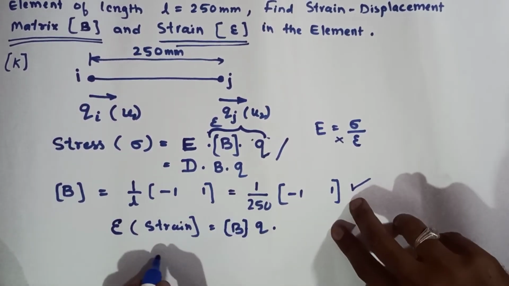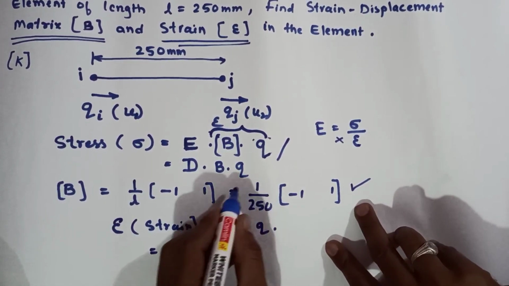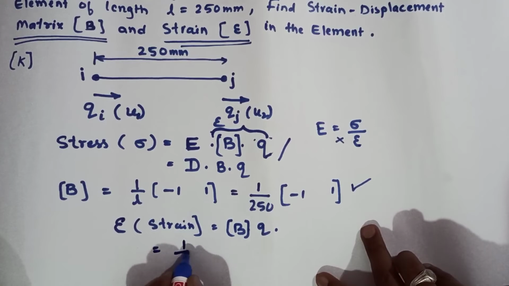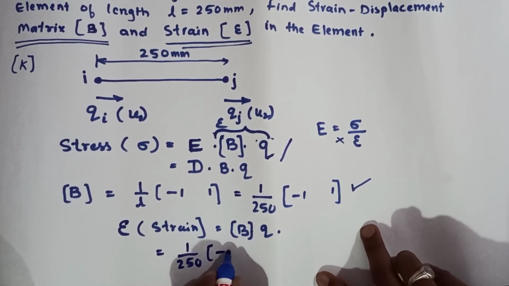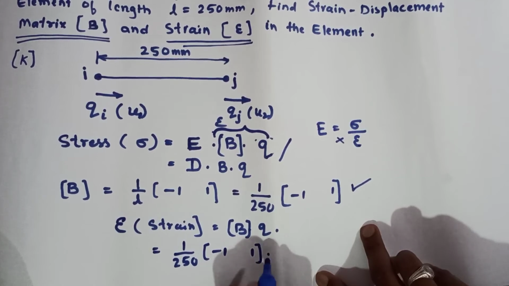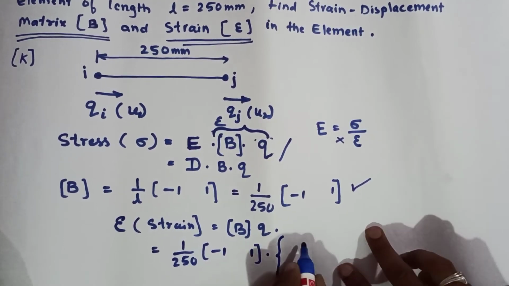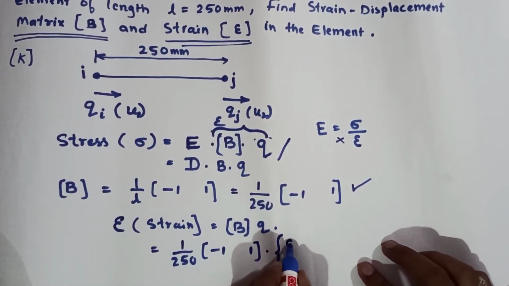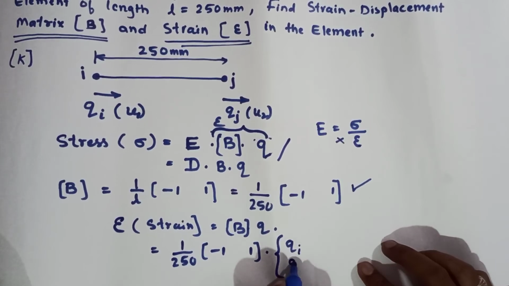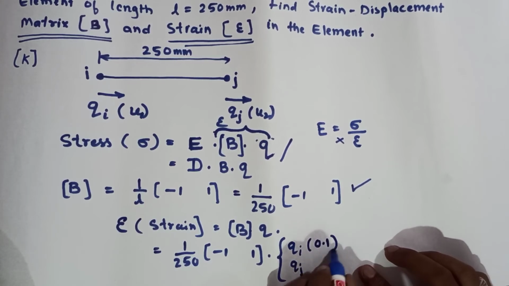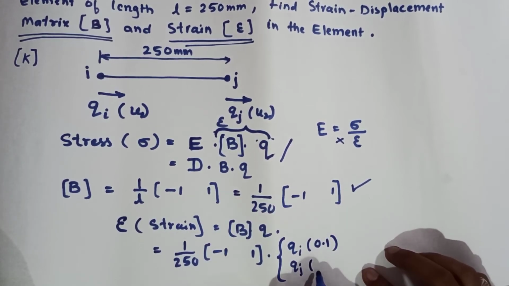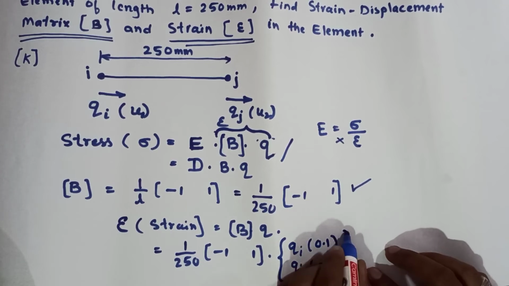Now we will write the B which you already calculated, 1 by 250 times [-1, 1], and the nodal displacements Qi, Qj. Qi I will write directly, that is 0.1. In the next step, 0.2 is for Q2.